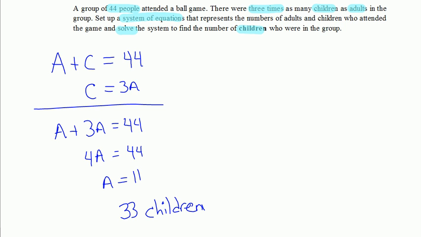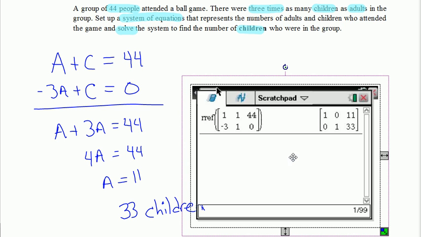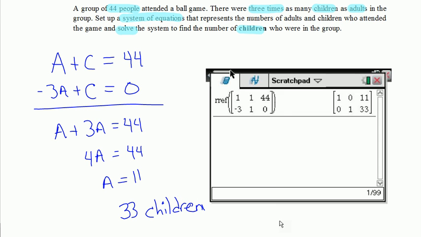Now recall when I had this equation back here written as -3A plus C equals 0. If I wanted to, I could put that into a matrix and RREF that and find out that there would be 11 adults and 33 children.